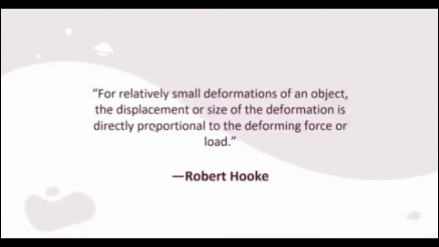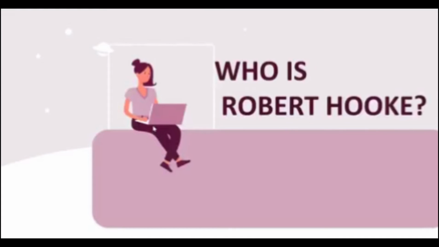According to Robert Hooke, for relatively small deformations of an object, the displacement or size of the deformation is directly proportional to the deforming force or load. So who is Robert Hooke anyways?